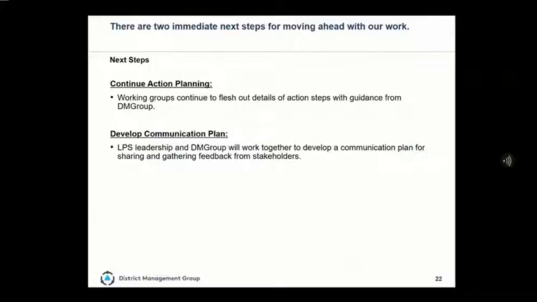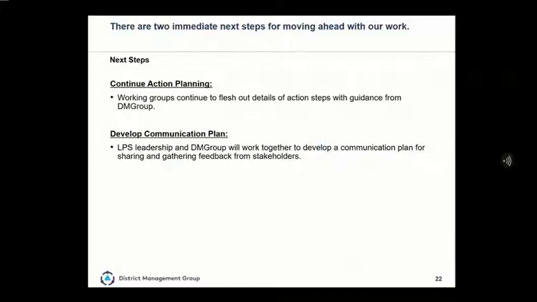So next steps are continuing the action planning. What you've seen are those high-level steps for each goal that the group will be focusing on. But working groups will be continuing to flesh out more details for those action steps with guidance from District Management Group. And then another big area for our next steps is thinking about the communication plan.